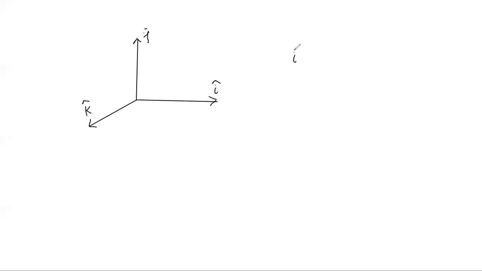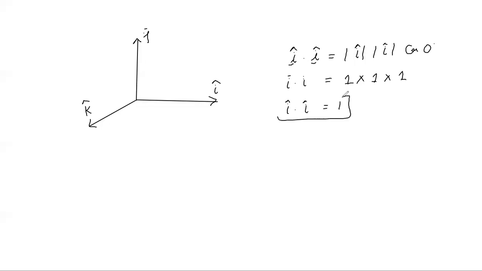So if we write i dot i, that means mod of i times mod of i times cos 0, because the angle between the same vector is equal to 0 degree. So mod i equals 1, mod i equals 1, cos 0 equals 1. So what is the value of i dot i? That is also 1. So i dot i is clear to all of you.